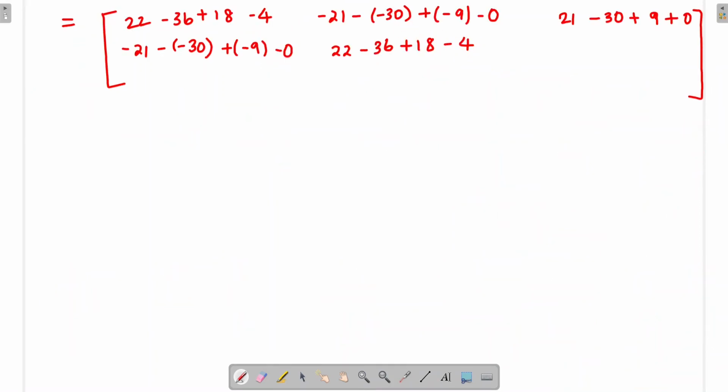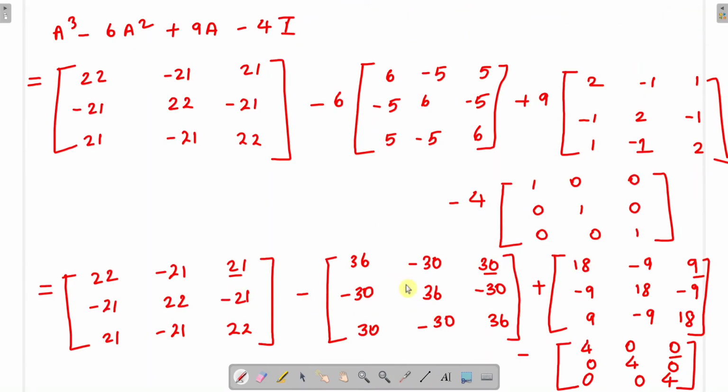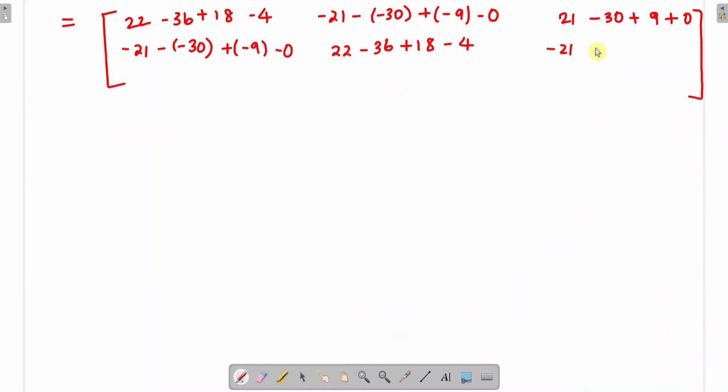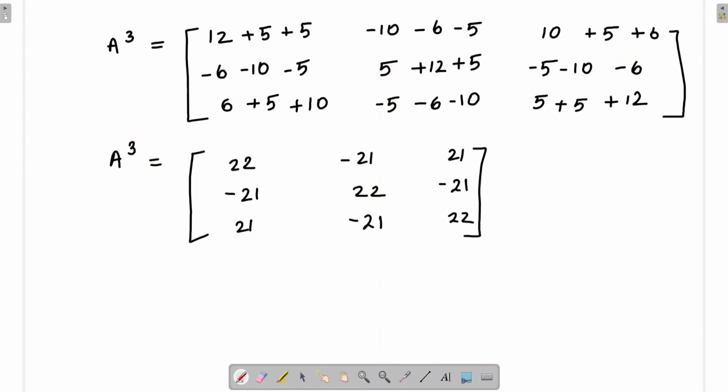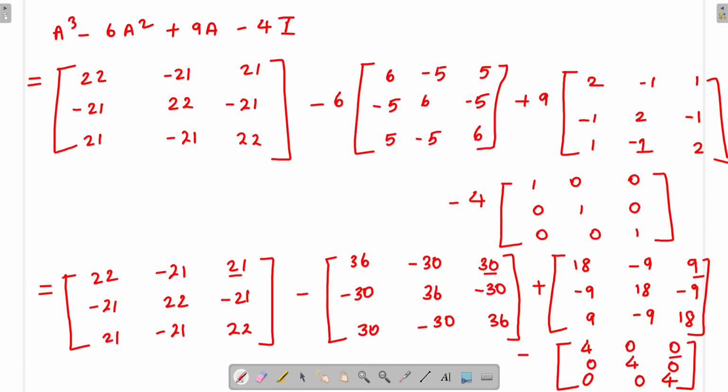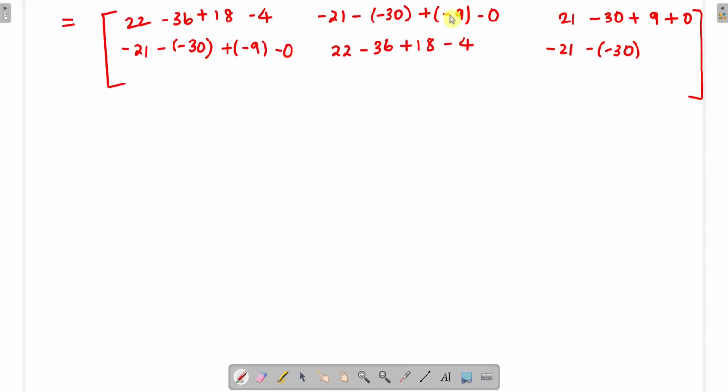Then what we will get: minus 21 minus of minus 30 and plus of minus 9 and minus 0. That we need not write.